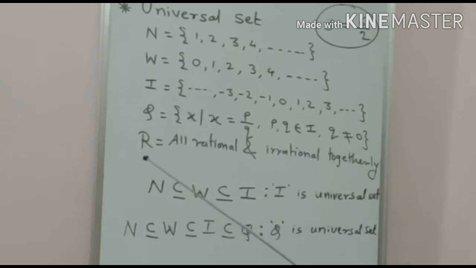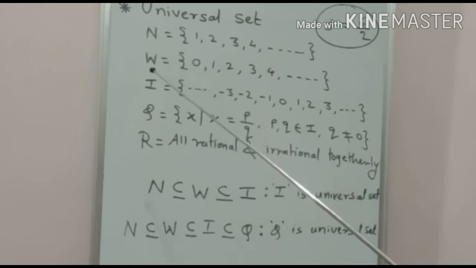As we take one more set, R, the real numbers: all rational and irrational numbers together are known as real numbers. Rational means natural, whole, integers, decimal, recurring, non-recurring, all these numbers are rational numbers, and irrational means numbers which are not rational, and that set together is known as the real numbers. Now what happened here?